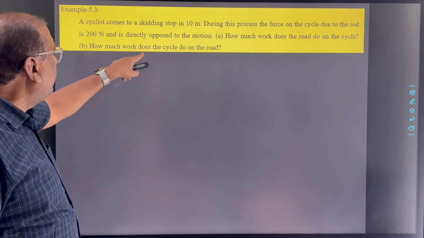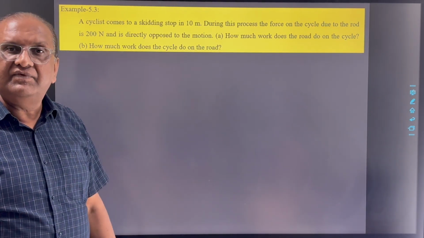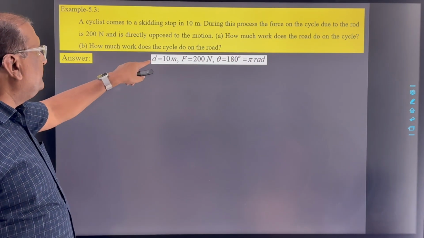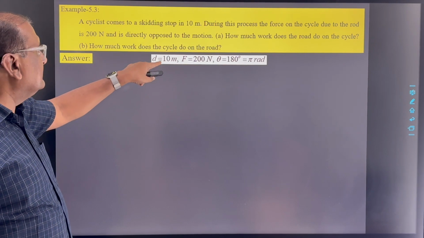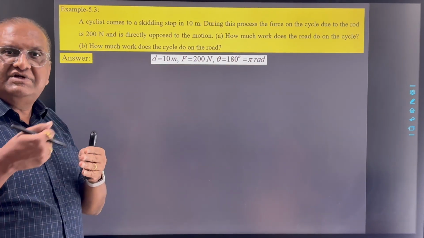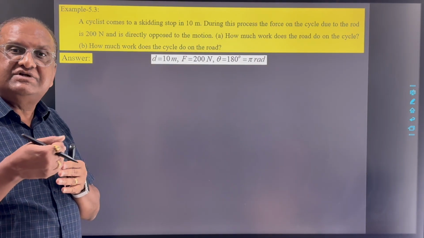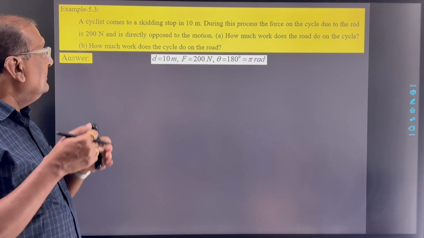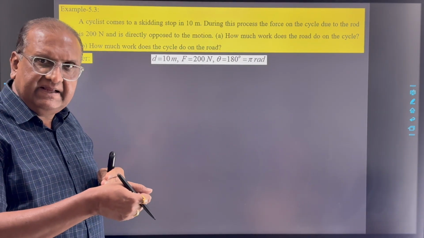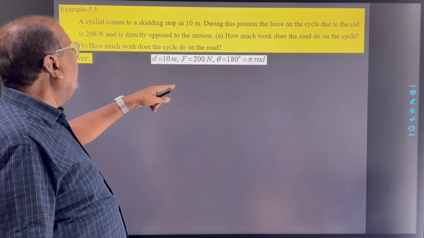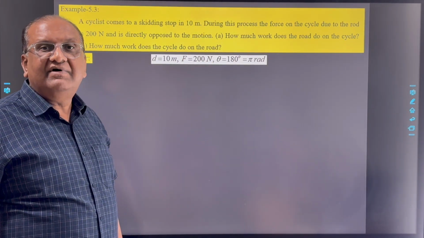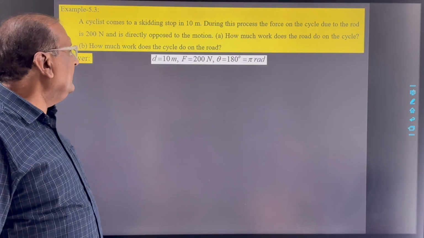B, how much work does the cycle do on the road? Here the displacement of the cycle is 10 meter. The force is in the opposite direction of the displacement because it opposes the motion, and therefore the cycle is stopped after skidding. So, the angle between force and displacement is 180 degree, so theta is pi radian.